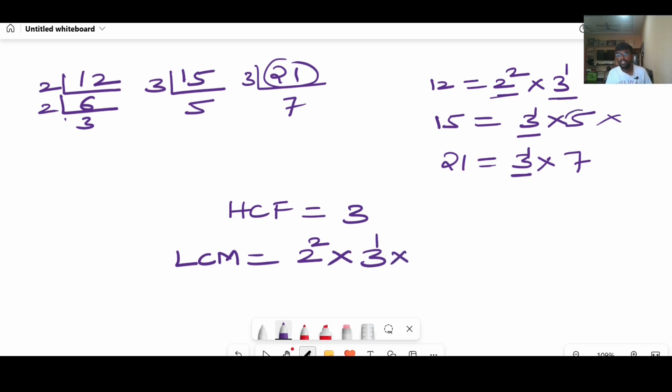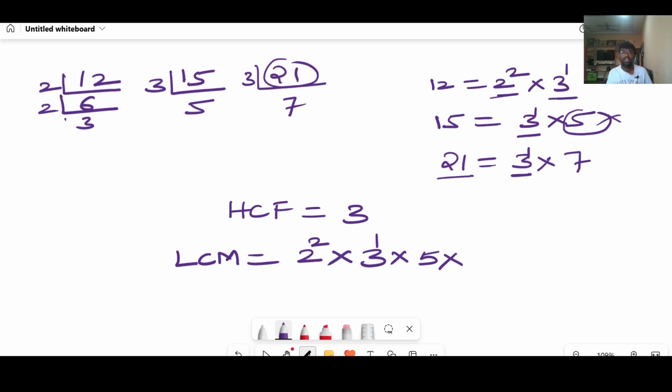Again 5 is not present in all the numbers, right? Anyway we have to take that one. That is also highest, right? If you have 2 exponential forms which are having 5 as base, you can take the highest power exponential form. And then again 7 is present in only the prime factors of 21, but 7 is not present in 12 and 15.